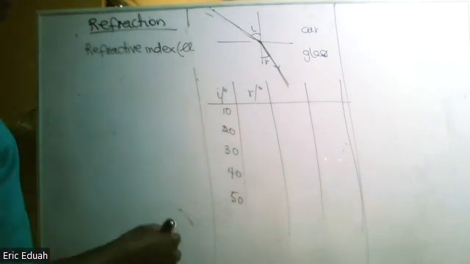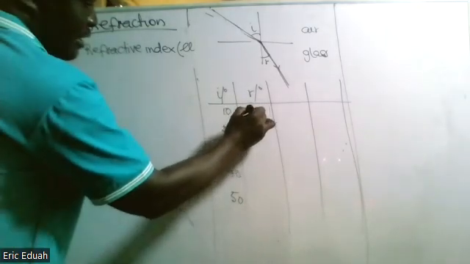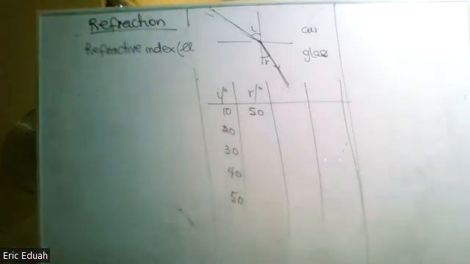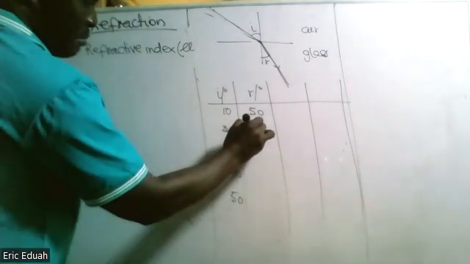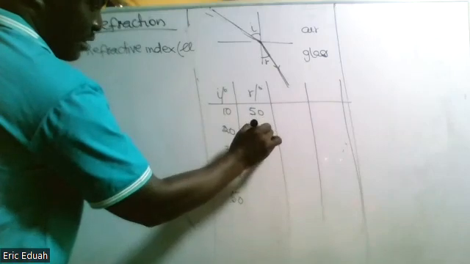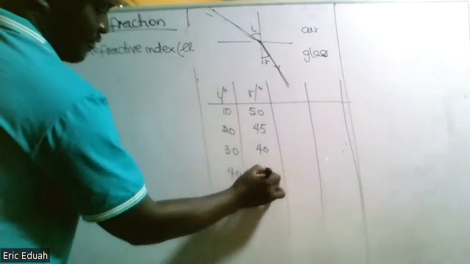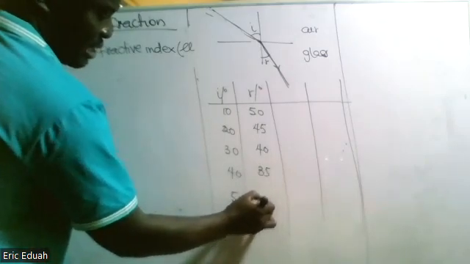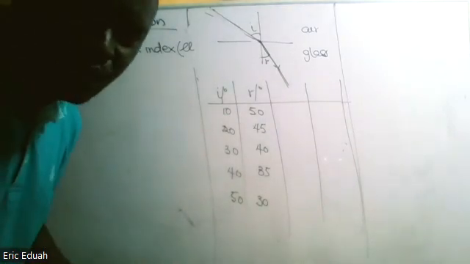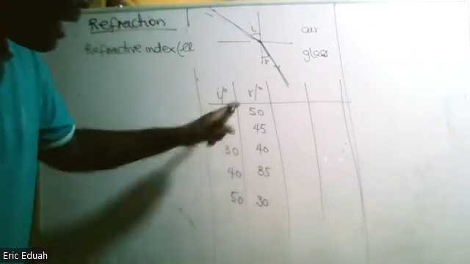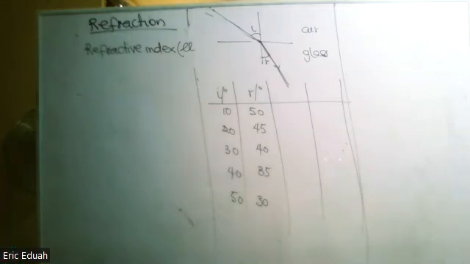So let's assume this I gives us 50, then 20 would give us maybe 45, 40, 35, 30. I am just assuming values, but I want you to understand that this is increasing and this is decreasing.